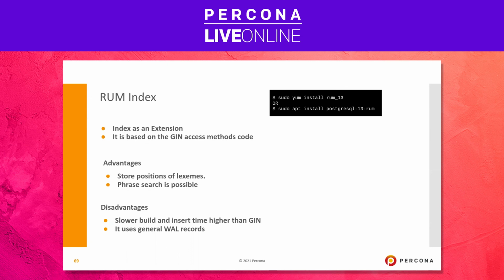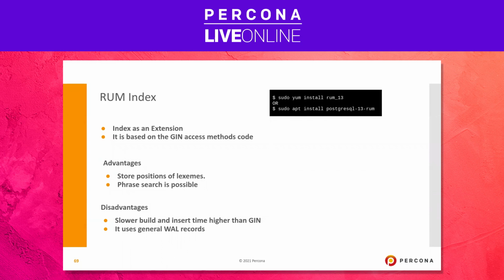When we use text search indexing in a GIN index, it stores the keys but does not store the position. But the position is important for a phrase search. The phrase needs to have the proper order of the words, right? So in those cases, the RUM index is useful.